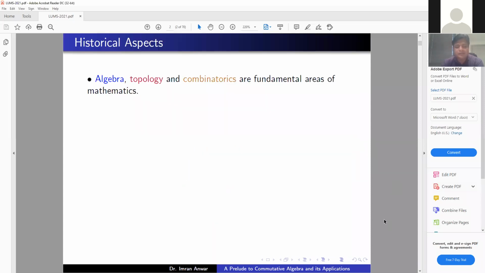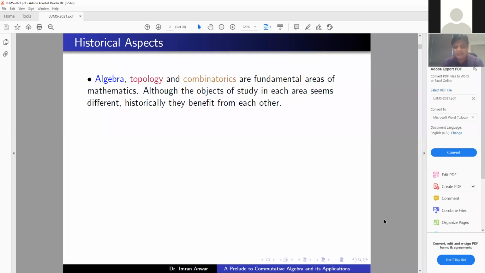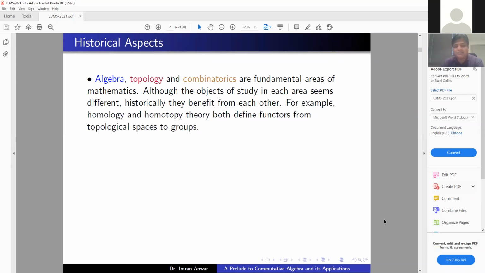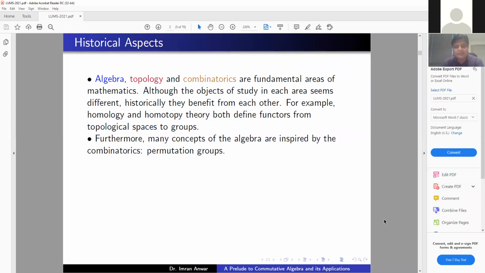With this historical aspect: algebra, topology, and combinatorics are fundamental areas of mathematics. Historically they seem to be different areas, but they benefited from each other. One very important aspect is the theory of homology and homotopy theory in topology, where one applies a functor to translate the problem from topology to algebra and vice versa.